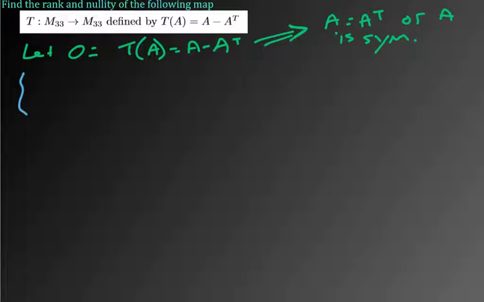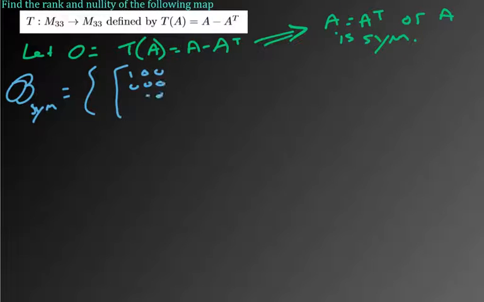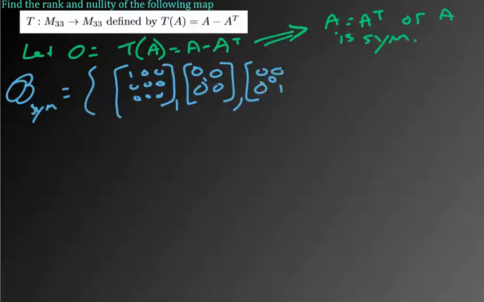Just to show this, script B for a symmetric matrix, you could use this as a basis vector: all the diagonals, for instance, then 0, 0, 1. And then you could also start doing these kinds of things: 0, 1, 1, 0, 0, 0, 0, 0, 0, and so on, the other cases for that symmetric structure, the other cases being these two and then these two.